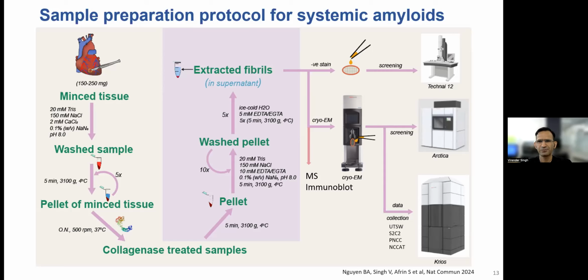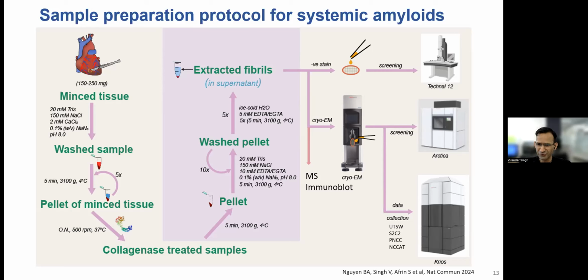At the end, we always check the quality and distribution of the fibrils using negative staining, followed by screening of the cryo-EM grids using Arctica. For most of the data collection, we use the national centers.